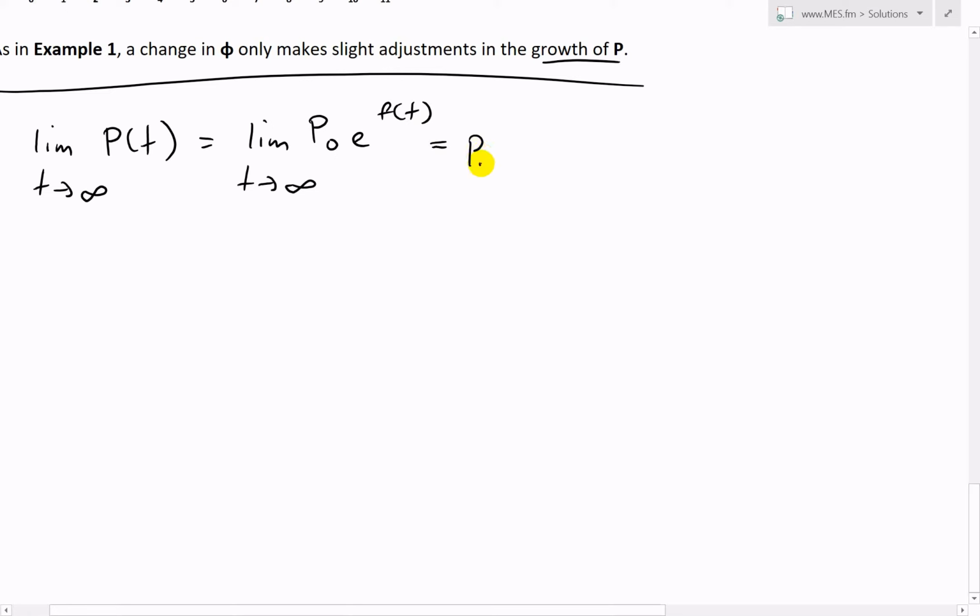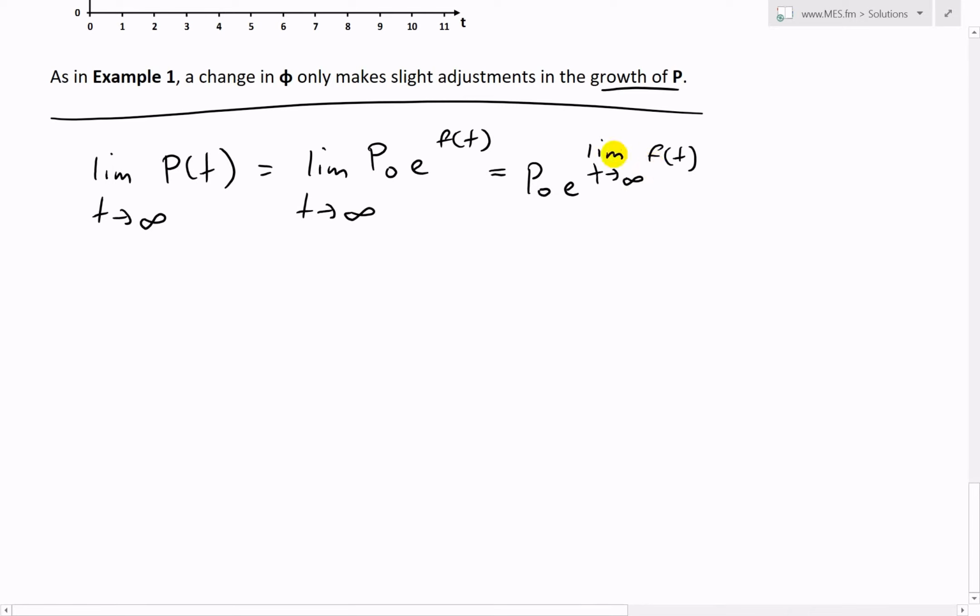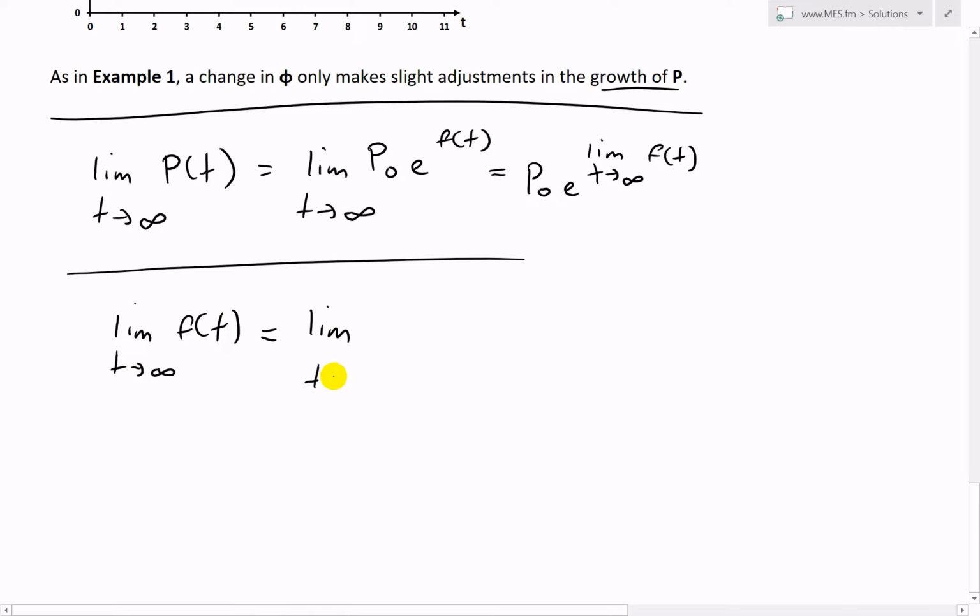So the same thing as writing P0 e to the limit as t approaches infinity of f of t. Now we'll just have to look at this case first, just the top part there: the limit as t approaches infinity of f of t. Now this equals the limit as t approaches infinity.